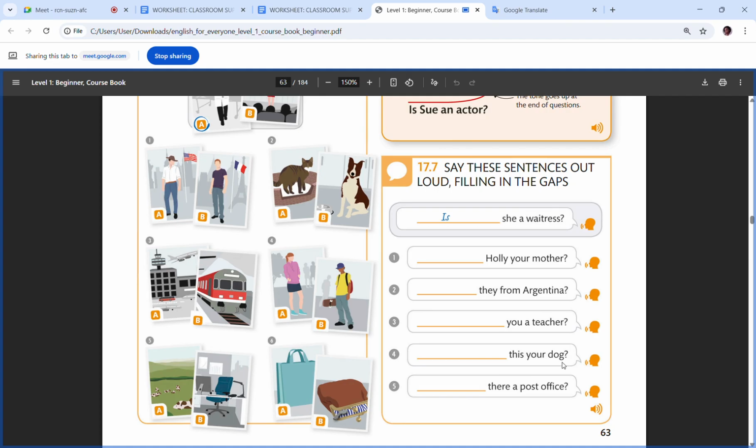Right? Is this your dog? I can say, this is my dog. But you ask me the question. Is this his dog? Yes, it is my dog.